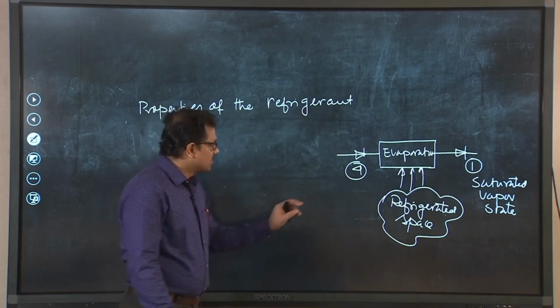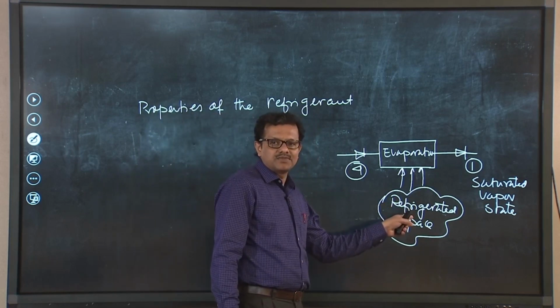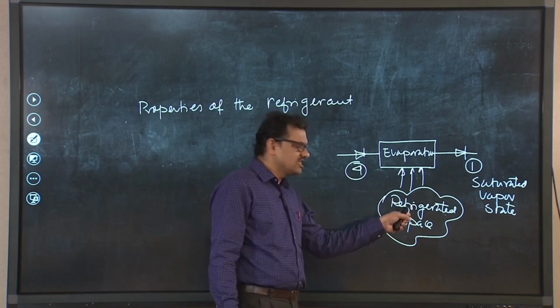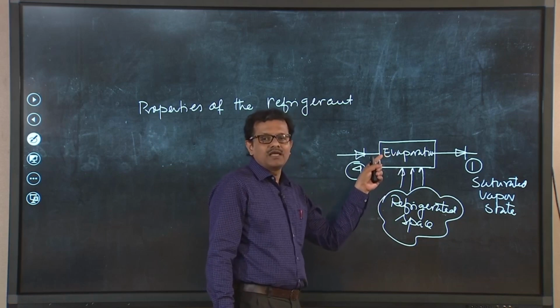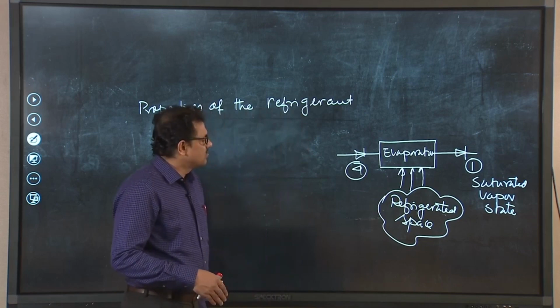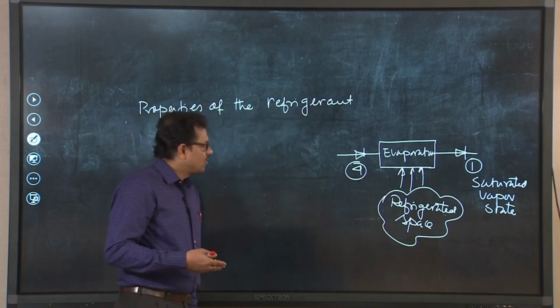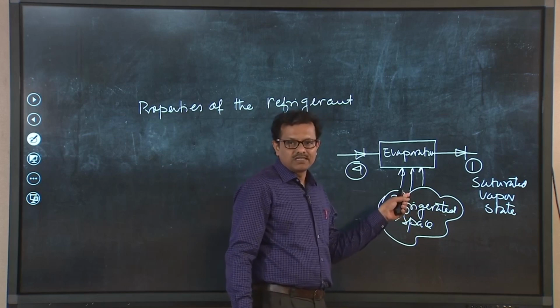So, the question is, temperature you need to maintain always at a sub-zero level for this space. So, the refrigerant that should be circulated through this evaporator should get evaporated at a sub-zero temperature.